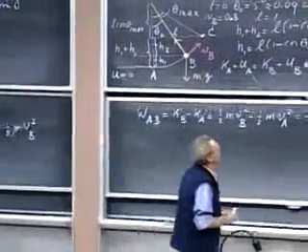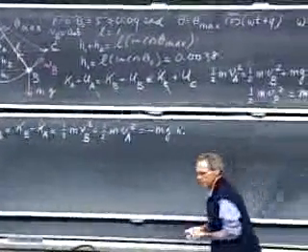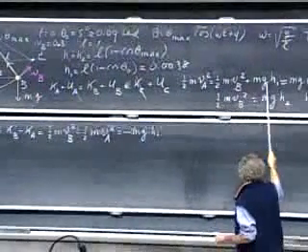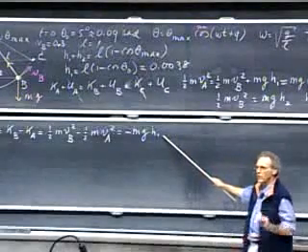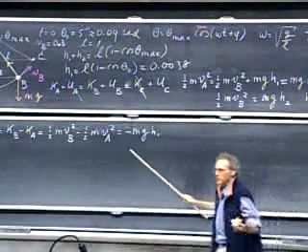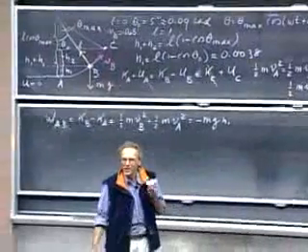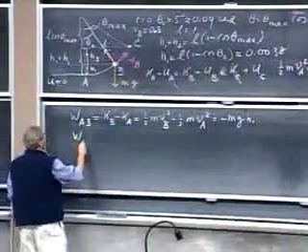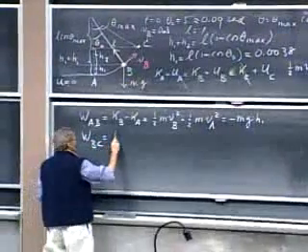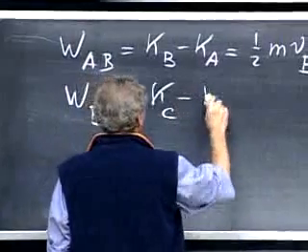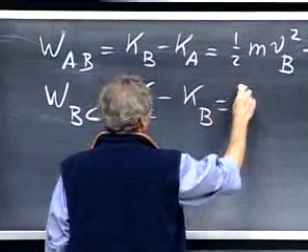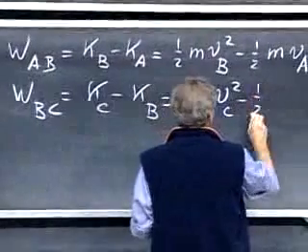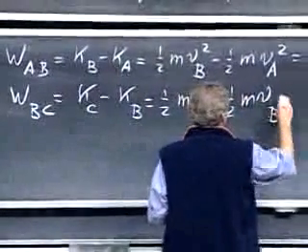And look, if you want to, compare this one with this one. Completely identical. So the work-energy theorem is, of course, in a way the same as the conservation of mechanical energy. The work done when the object goes from B to C is the kinetic energy at C minus the kinetic energy at B. That equals 1/2 mvc squared minus 1/2 mvb squared.